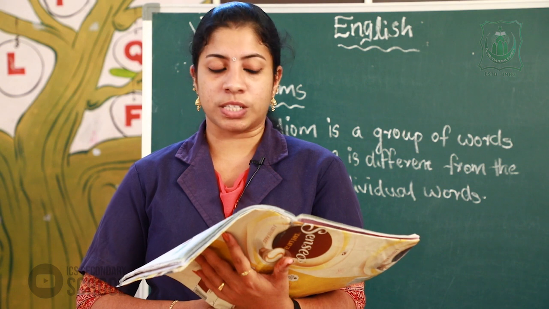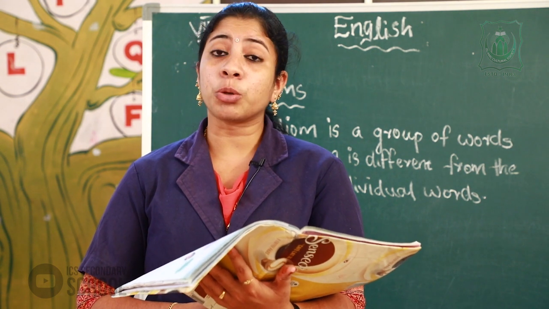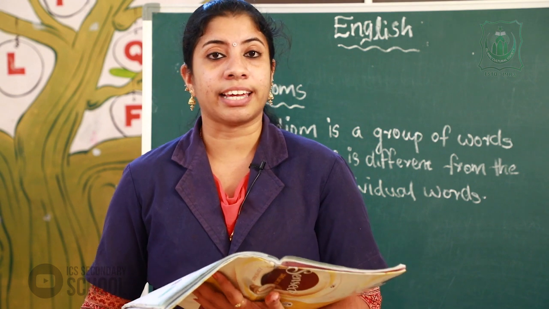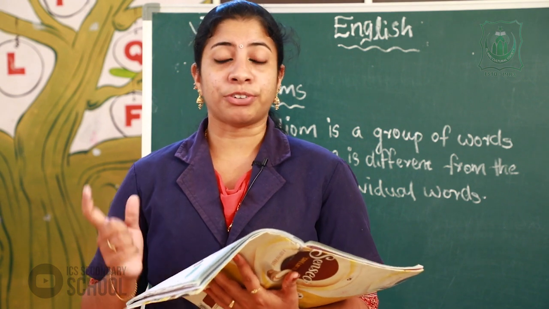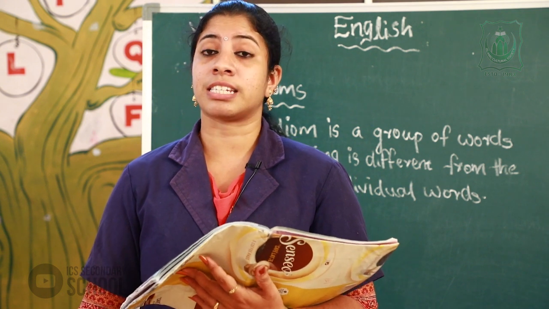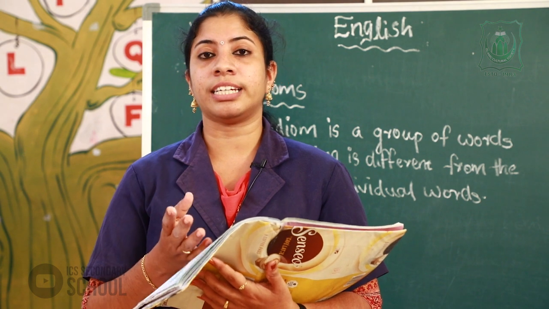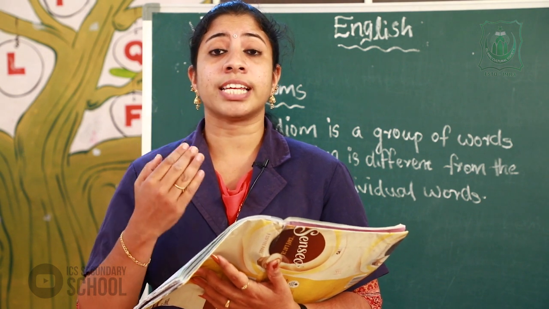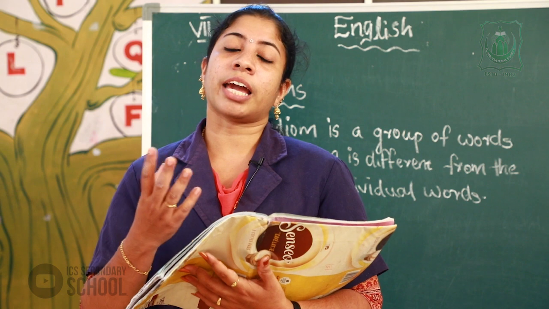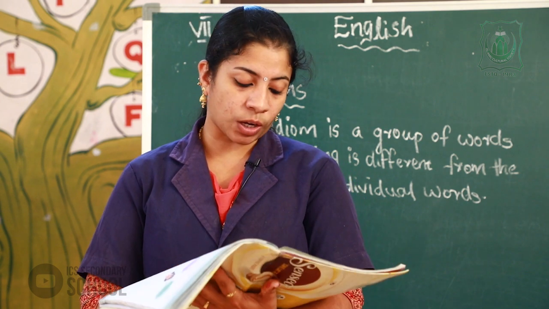Pros and cons, that is the idiom, and the meaning of that is the arguments for and against. So this type of sentence is known as idioms. I hope you understand that when we give a sentence, behind that sentence there is an inner meaning. That type of sentence is known as idioms. Okay, so find out this.